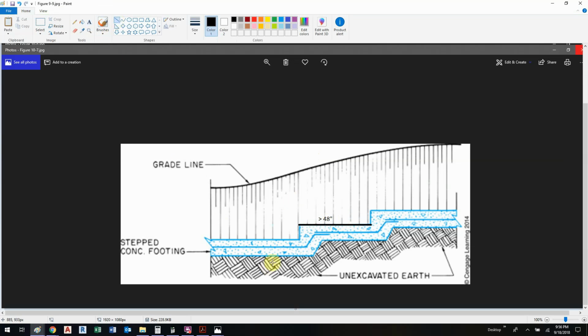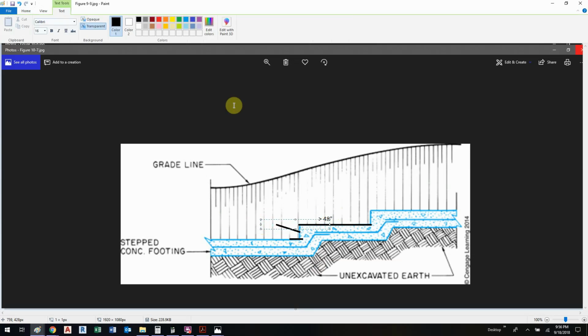The code also tells us that from here to there, this vertical movement can only be less than, okay, so remember we're greater than 48 here. This is going to be less than, what do you think it is?